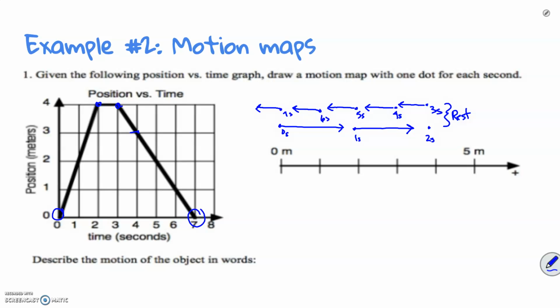So now we should be able to do a verbal description. We can start out saying the object starts at the origin. We always talk about the starting position. That's the first thing that we get.